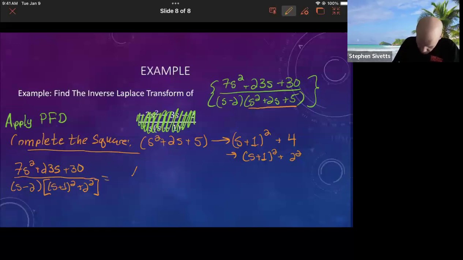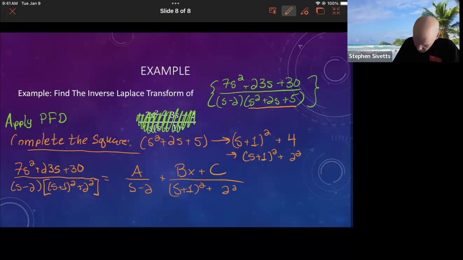This would equal A over s minus 2 plus Bs plus C over s plus 1 squared plus 2 squared. Okay? That's a partial fractions decomposition.